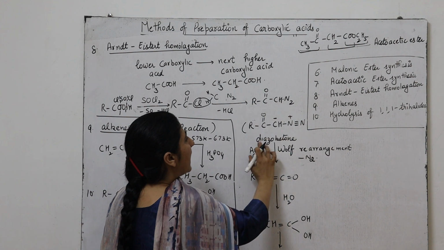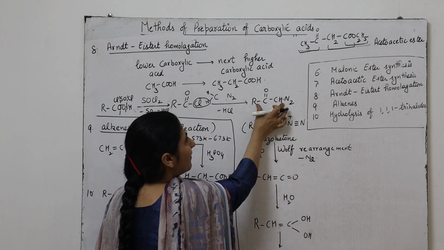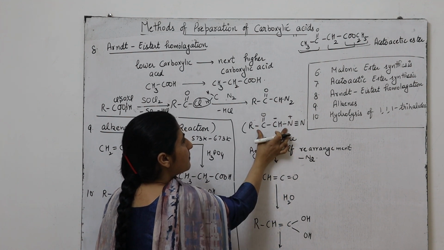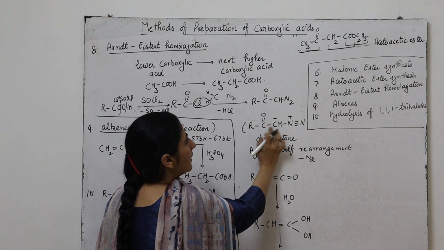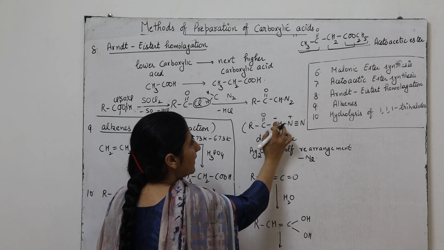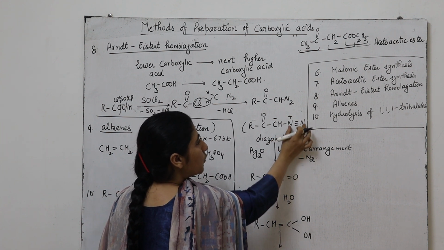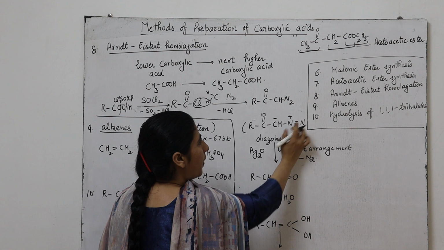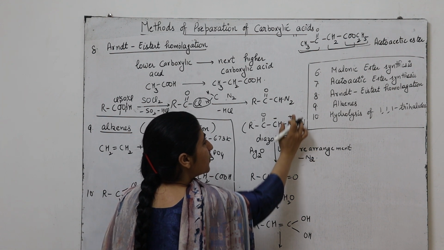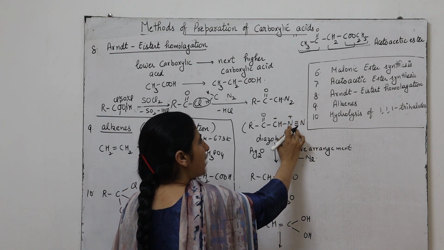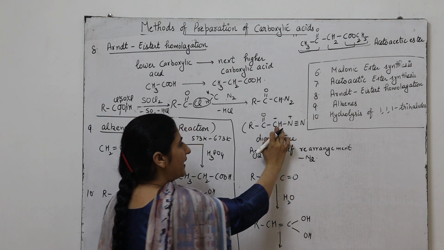This is a diazoketone, and we can write this compound in this manner: RCO, CH, which acquires a negative charge, whereas N2 has two nitrogen atoms bonded with a triple bond, and in this case this nitrogen acquires the positive charge and carbon acquires the negative charge.